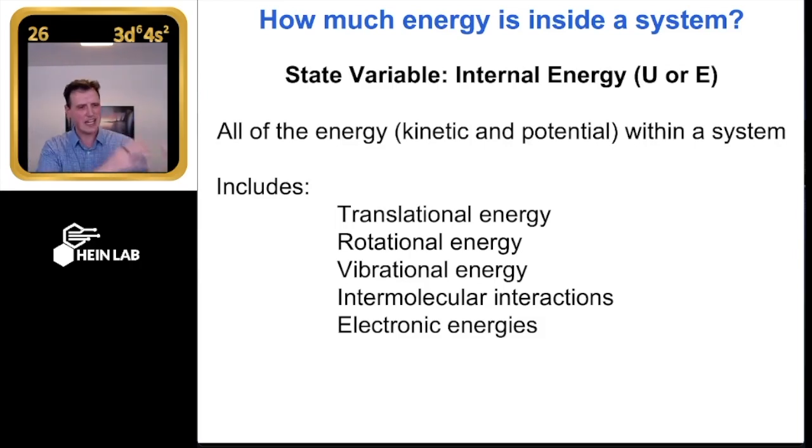What that means is that's kind of like potential, right? If we have something at really high temperature, it's going to have a lot of translational energy moving around. If we cool it down, that translational energy gets binned into intermolecular interactions. Molecules get closer, they hang on to each other. The energy hasn't changed, it's not gone, it's just changing state.